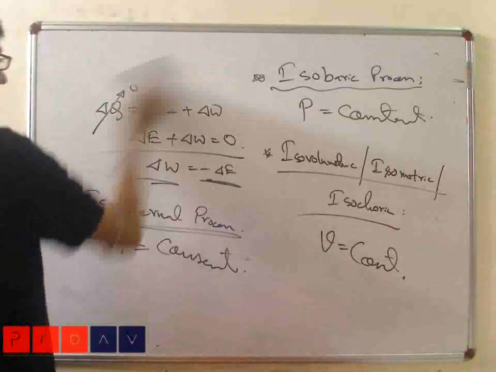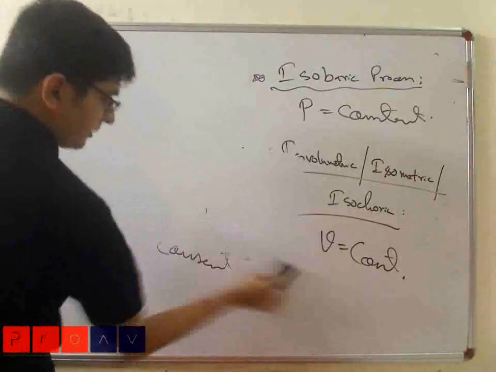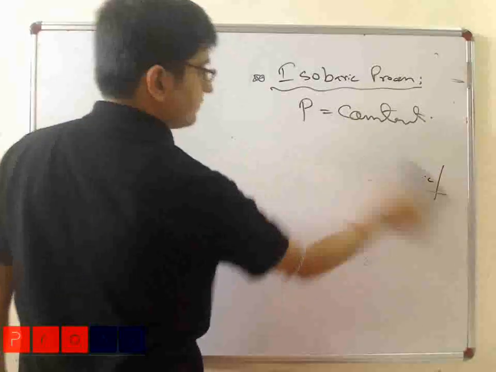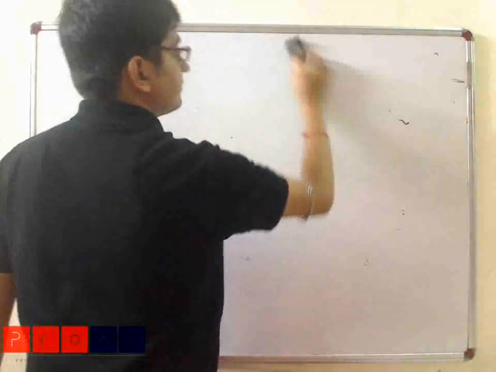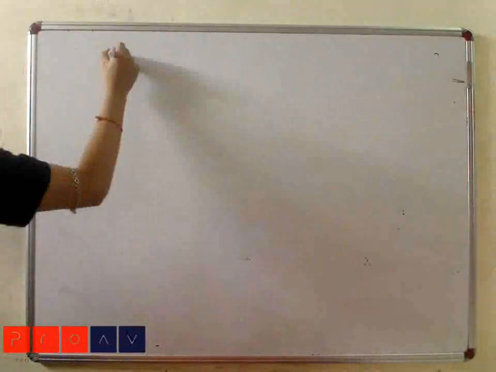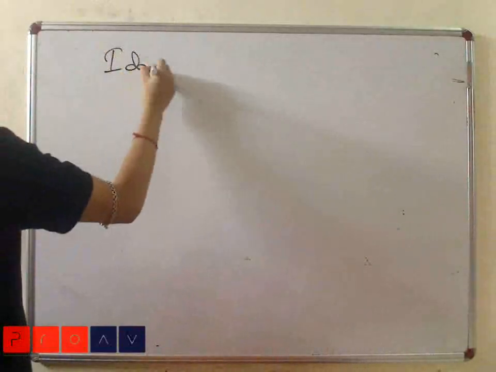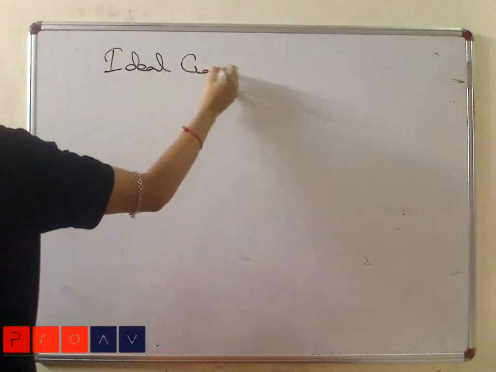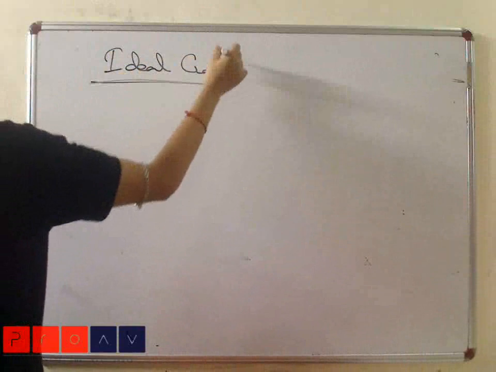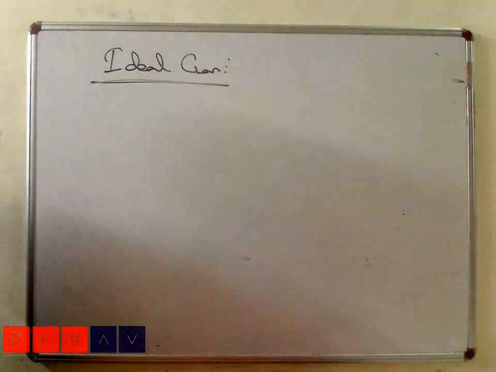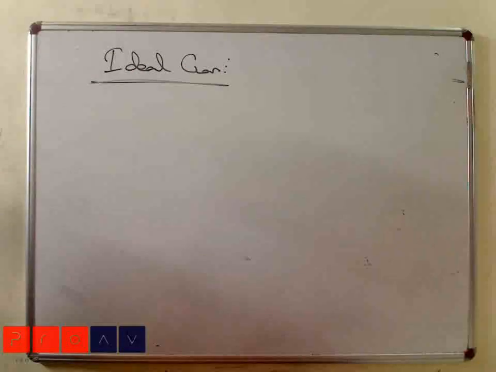Now for the case of ideal gas, try to remember this formula. For ideal gas we generally use the PV diagram.